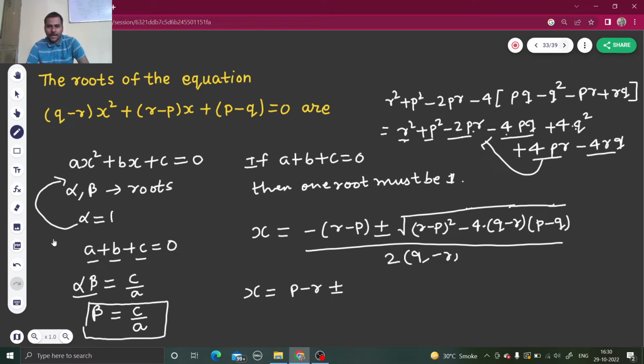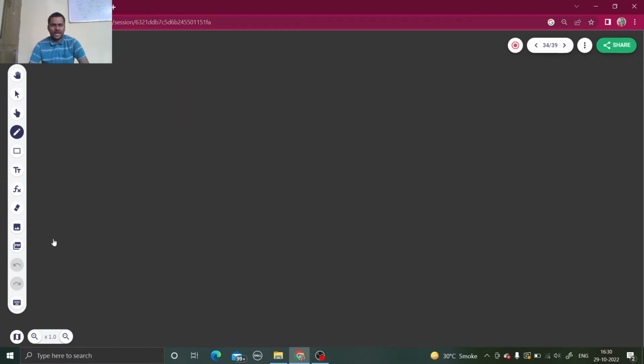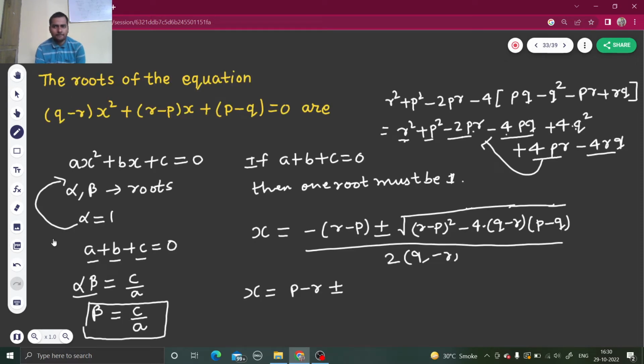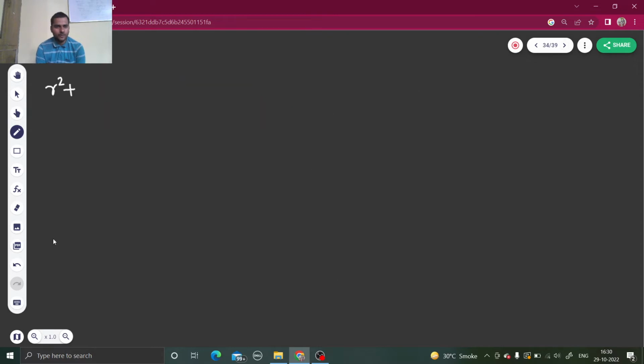So r square, p square and 4q square. I am trying a plus b plus c whole square. So r square and then I have p square and 4q square. Okay, let's write 4q square as 2q whole square only.